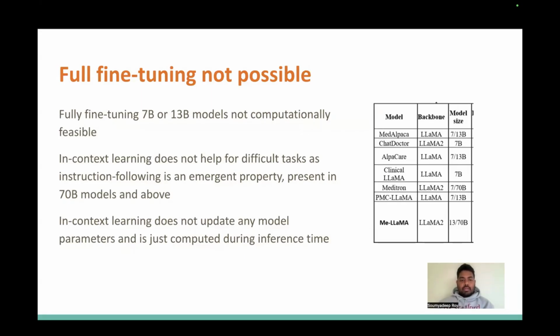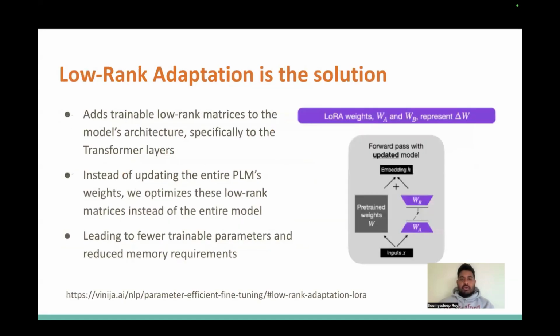So what do you do for these small models? The idea is called low rank adaptation or LoRA, or some others call this parameter efficient fine tuning. So the idea is basically if you think of these weight updates, they can be considered as a matrix multiplication operation.